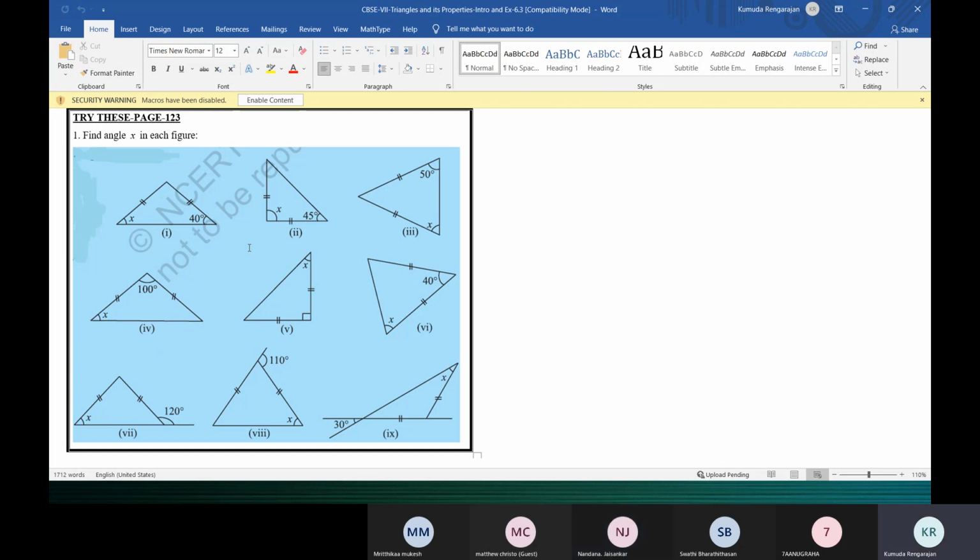How many angles are you adding? Sorry, ma'am. 90 plus 2x is equal to 180, ma'am. How 2x? Ma'am, because there is two angles left unknown. So it's like 90 plus 2x is equal to 180.